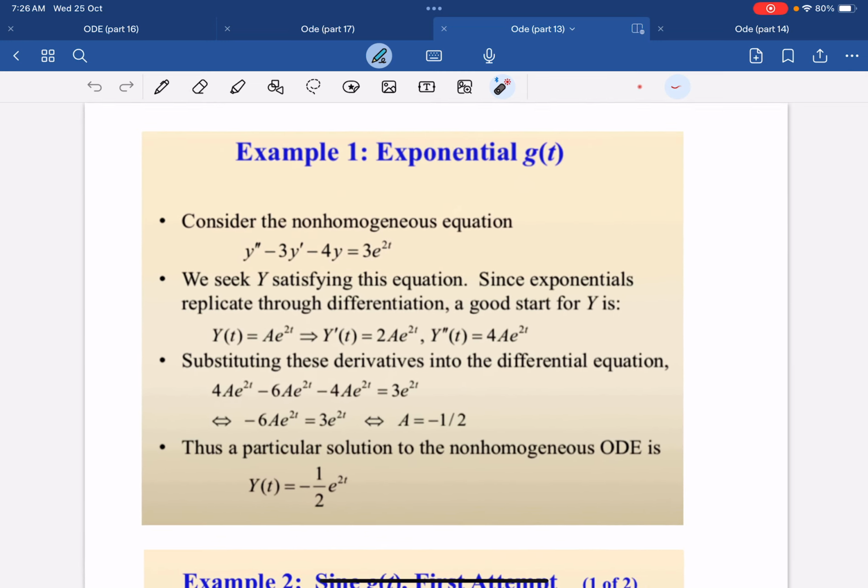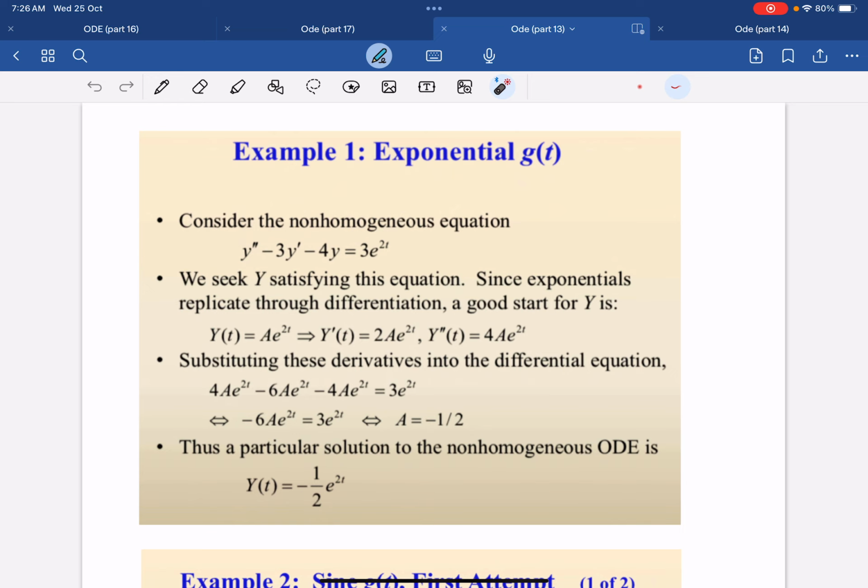So let's first look at the exponential case. We consider this non-homogeneous equation and want to find a particular solution that satisfies it. Since an exponential replicates through differentiation, to obtain an exponential here, our solution needs to be exponential in nature. So a good start will be to use a constant times e to the t.